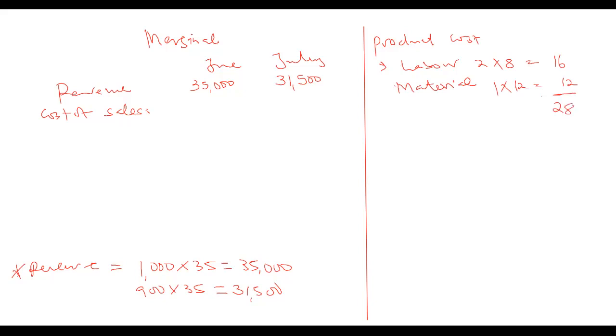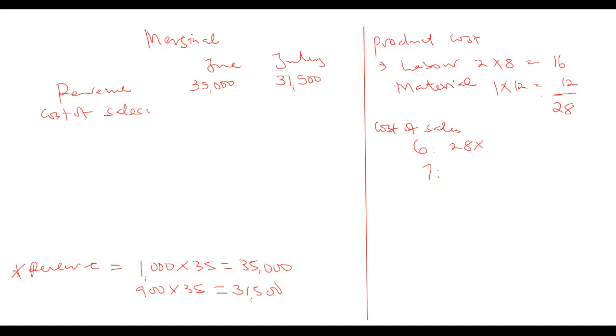Therefore, the cost of sale for the month of June, and we present June as 6 and July as 7. The month of June, 28 times the units. First, the units sold in the month of June were 1,000.